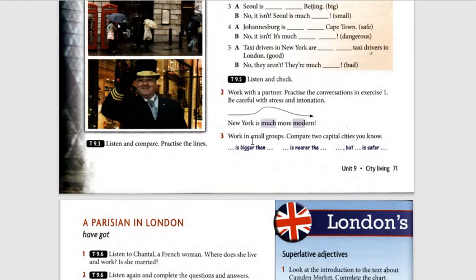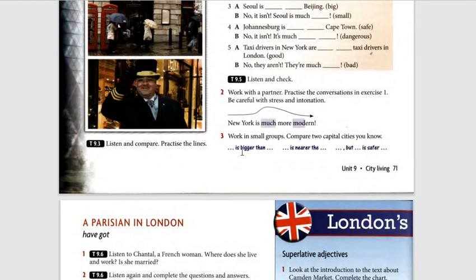The first noun or first subject, the auxiliary verb or the verb, the comparative adjective followed by than, and the second thing or second person which we are comparing with. So this is the structure of the pattern of the comparative adjectives.